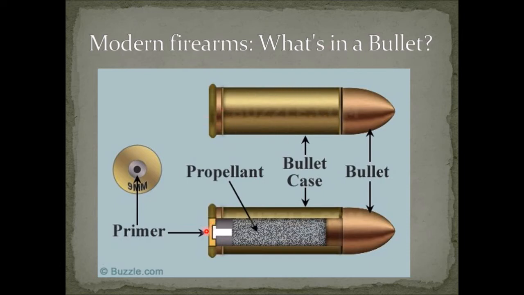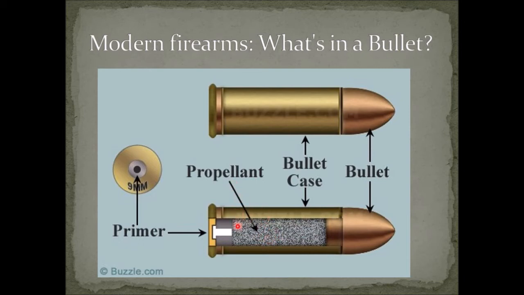The primer is an impact explosive. When something hits it, it then goes pop. It doesn't pop much, but it pops enough to ignite the powder. This is our smokeless powder in a modern firearm, which is the propellant.